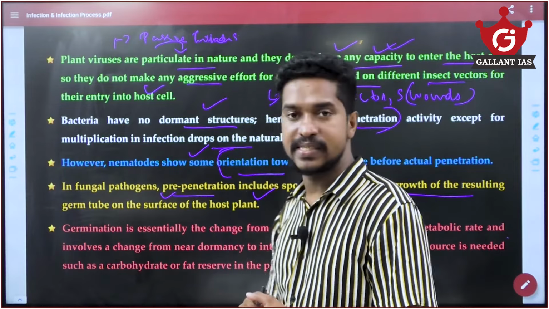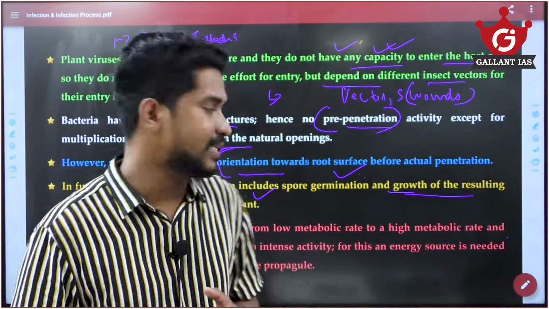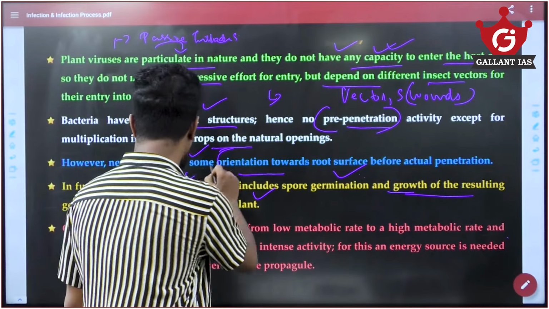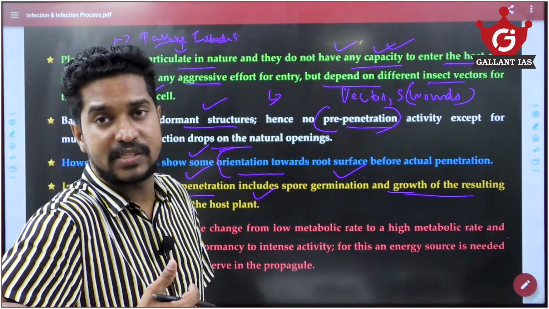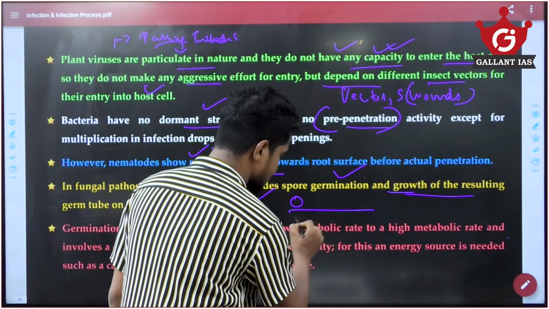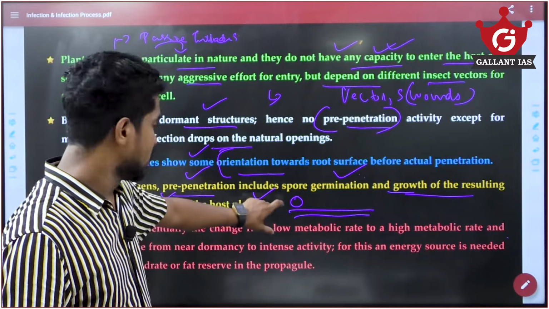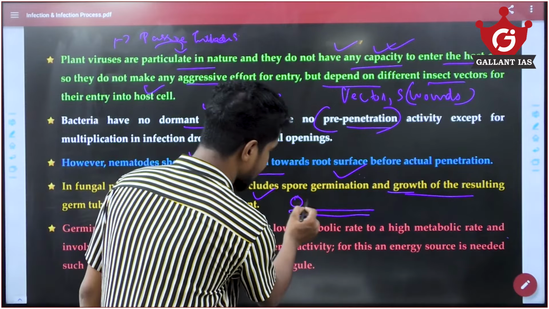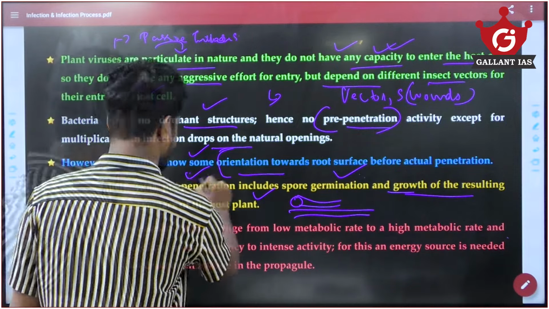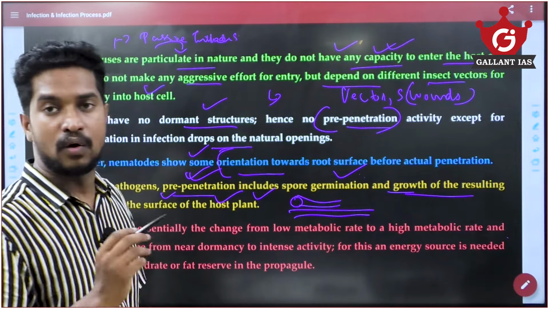If we consider this as a spore, and this as the host plant surface, the spore germinates and a germ tube is produced, and through the germ tube it can enter into the host plant.